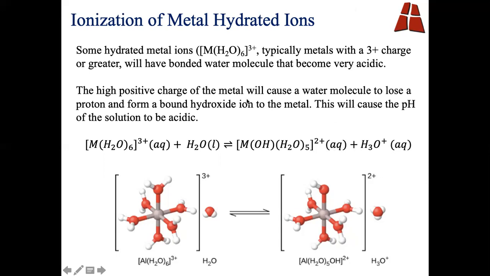So another way that the pH of pure water can be altered is through the addition of a strongly cationic metal ion, again having a charge of 3+ or greater, that will make the solution acidic.